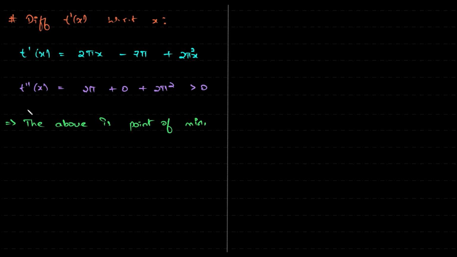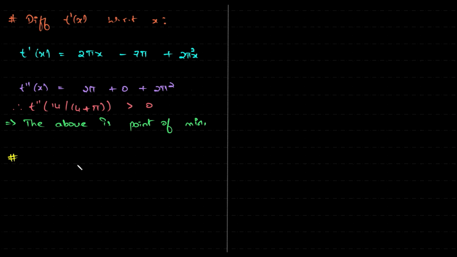If I substitute, therefore, let me do this. T double prime of 14 by 4 plus pi and all of that will be a value which is greater than 0 because there is no x itself. So whatever I substitute, it's a constant function. So therefore, the above point is a point of minimum, right? So with this understanding, all I have to do is find the value of y. That's it.